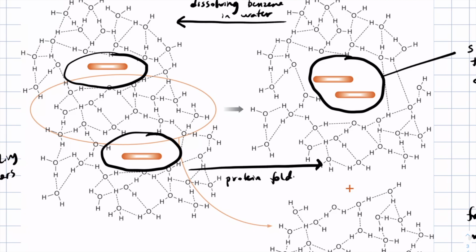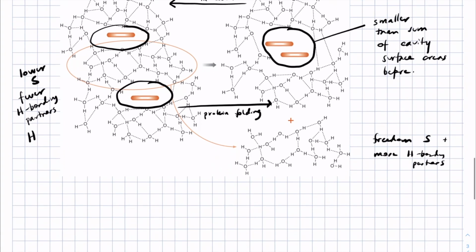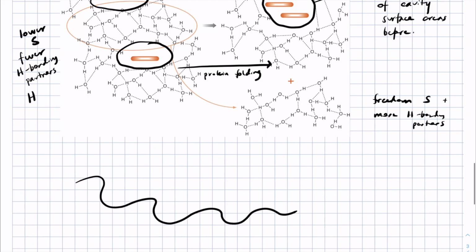Protein folding happens because you have a long backbone, a long chain, and along that backbone you have some non-polar amino acids which experience the same thing as hydrocarbons. And then you also have polar and charged amino acids on the other side.